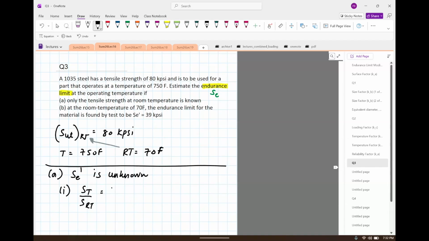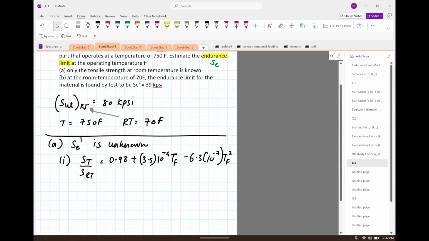So it is 0.98 plus 3.5 10 raised to negative 4 TF minus 6.3 10 raised to negative 7 TF square. I'll write it properly. Liquid meter.